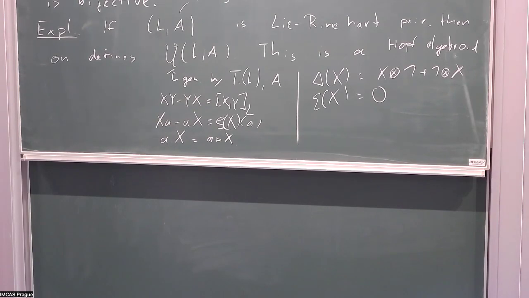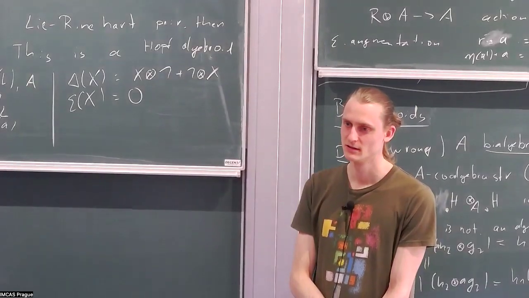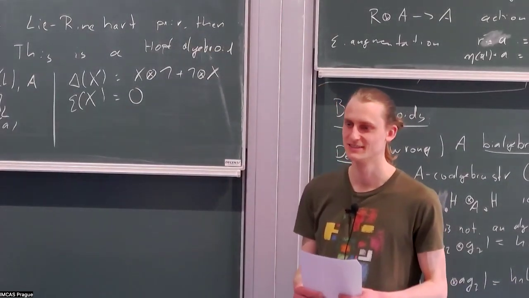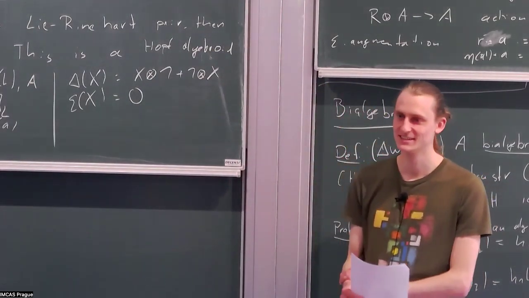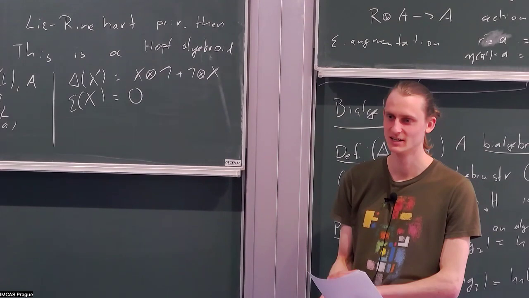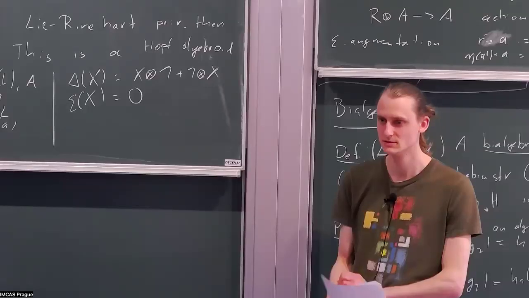More questions? I have a question, and behind my question there are like 10 other questions. The easy one is, do you know if there is some quantization functor from Lie bialgebroids to Hopf algebroids? What would a Lie bialgebroid be? This is one of the 10 questions. There is a quantization functor from Lie bialgebras to Hopf algebras, so one could ask if you can extend the functor to oids.